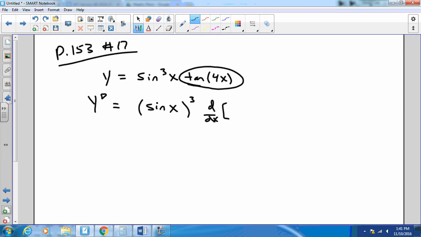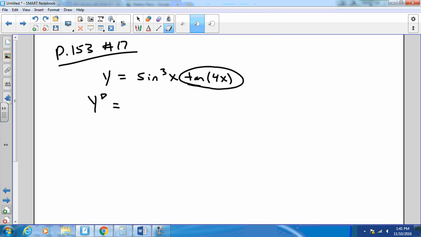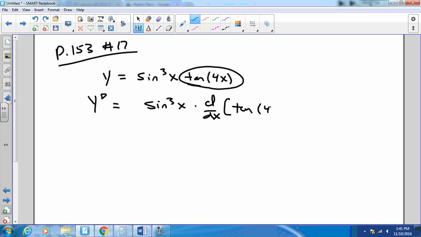And that's the product. So we're going to think in terms of first times the derivative of the second, plus second times the derivative of the first.